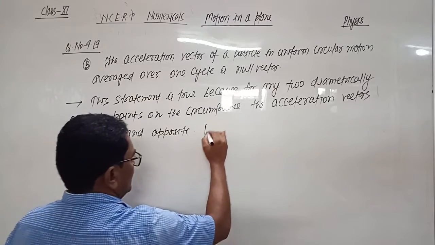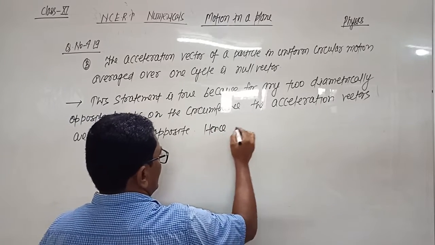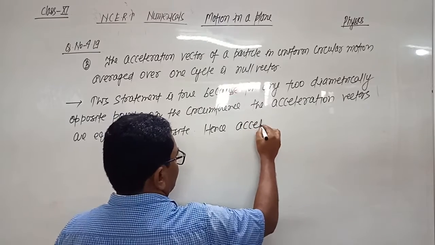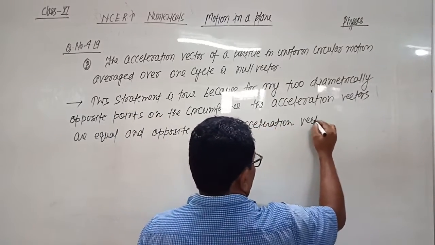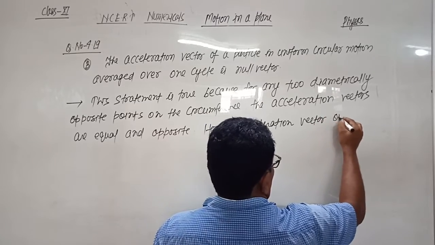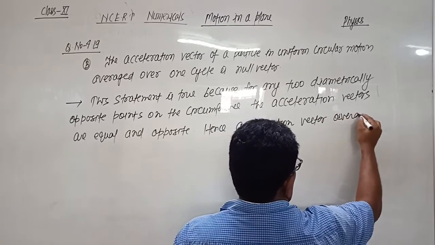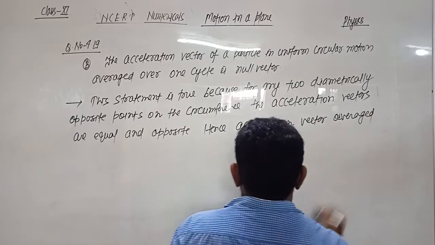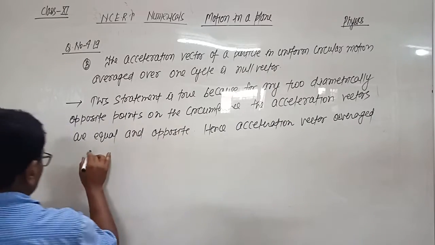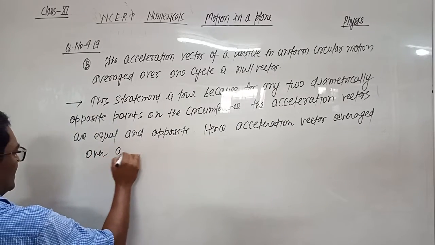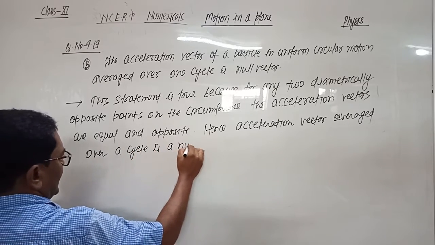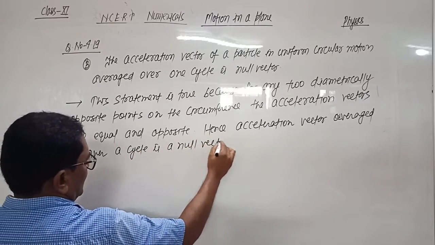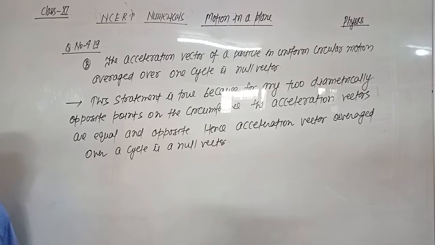Hence the acceleration vector averaged over a cycle is a null vector. Null vector means zero vector, whose magnitude is 0.